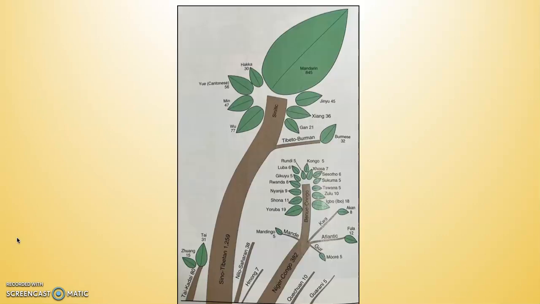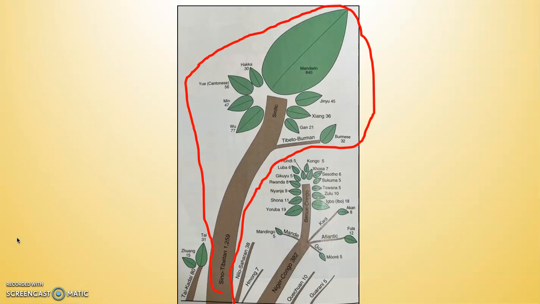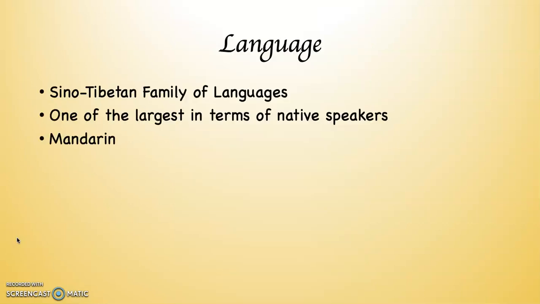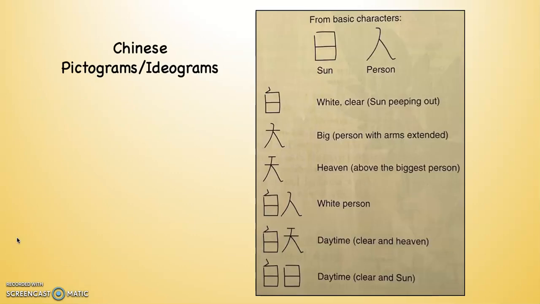If you take a look at the Sino-Tibetan tree that I've just circled there, now you can see which language that's going to be. Indeed, it's Mandarin. Do you know where Mandarin is spoken and where it originated? That would be China. In fact, Mandarin is the official language of the People's Republic of China. You might recall that I talked before about pictograms, which are also known as ideograms.